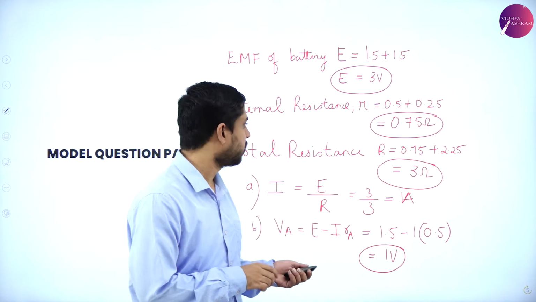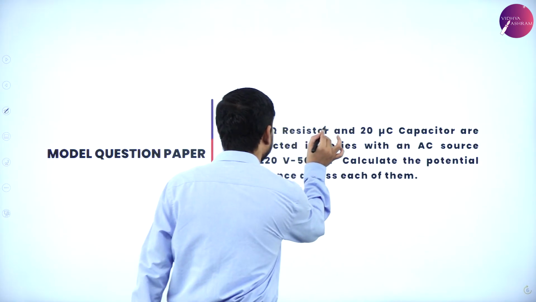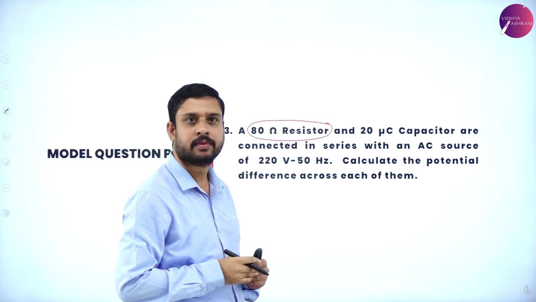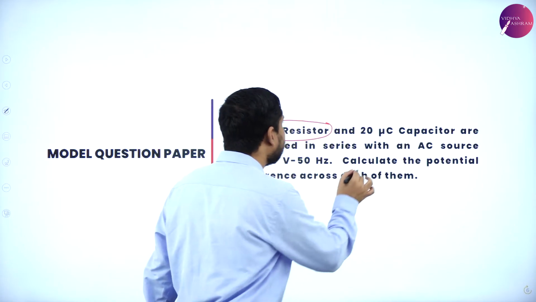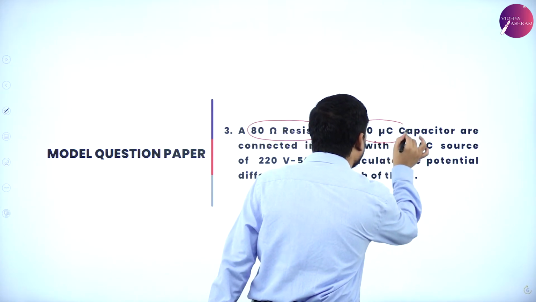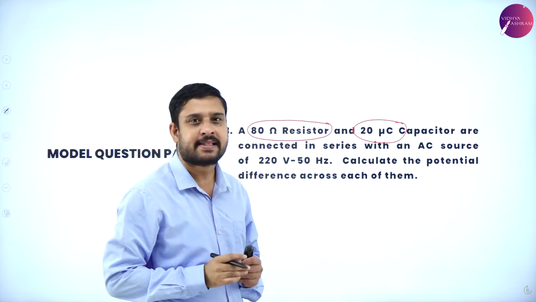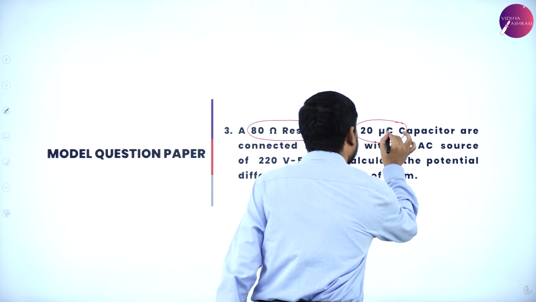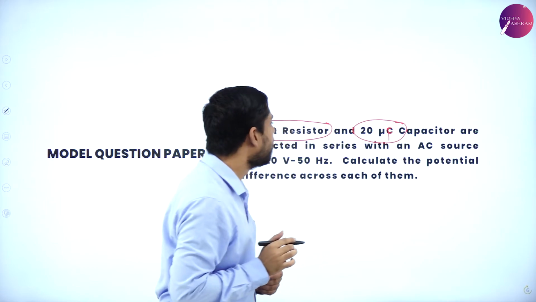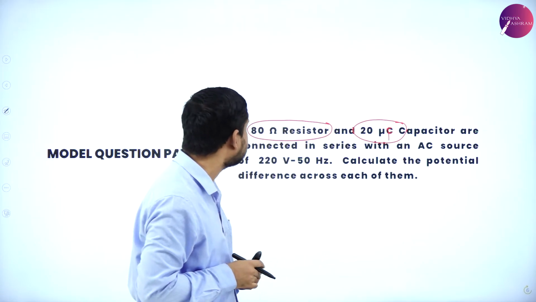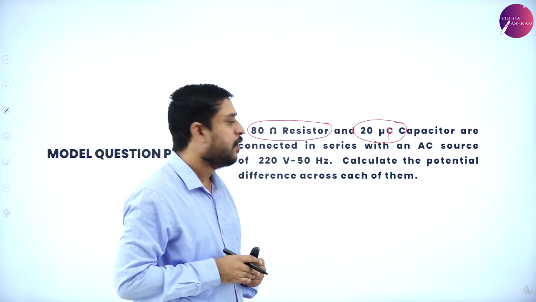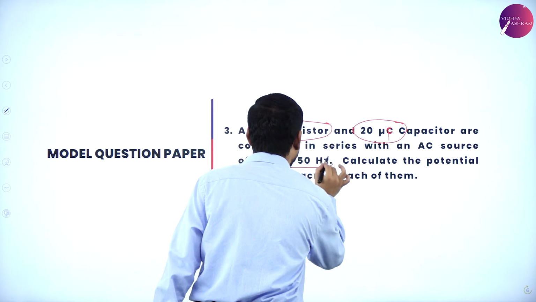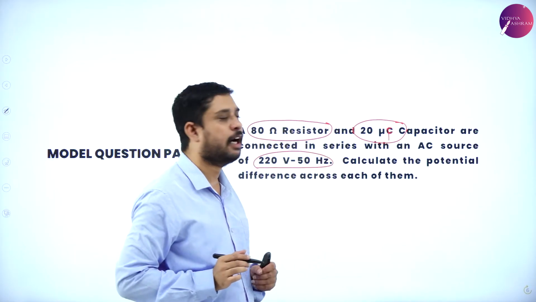The next one, students, the problem says a 20 ohm resistor and a 20 microfarad capacitor are connected with an AC source of 220 volts, 50 hertz.